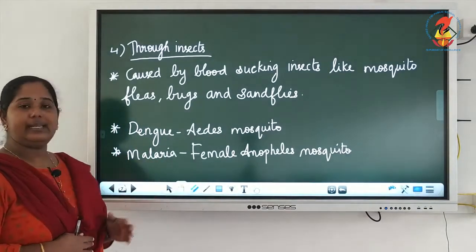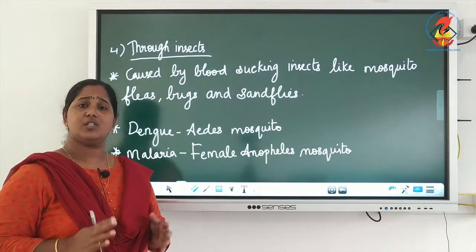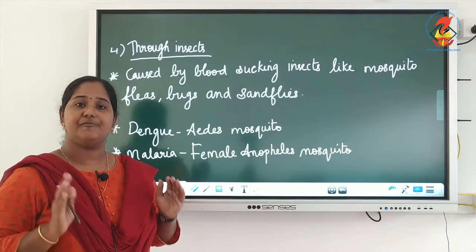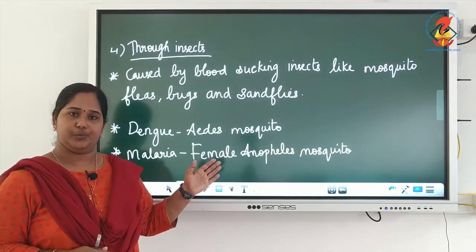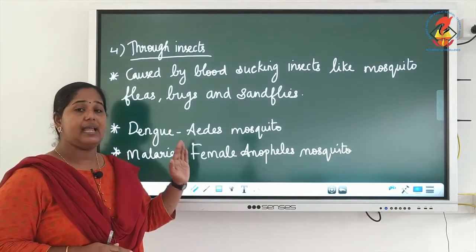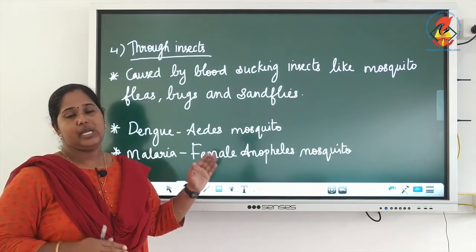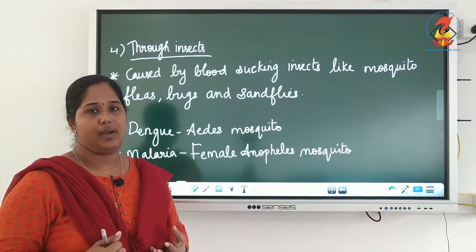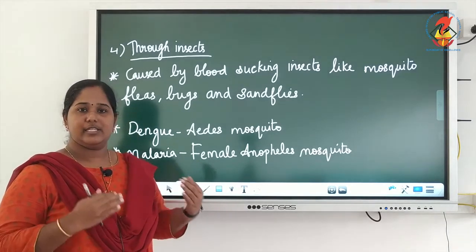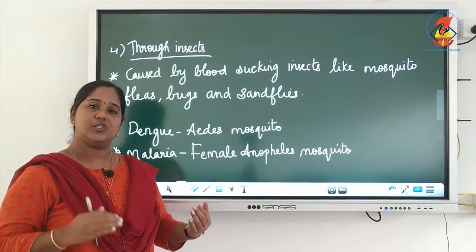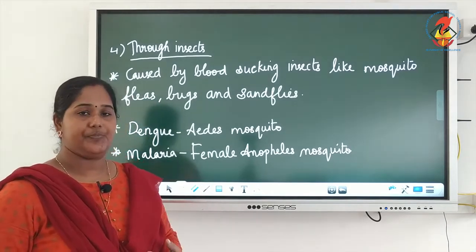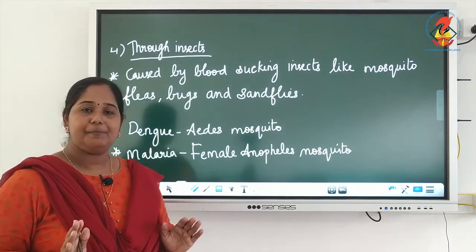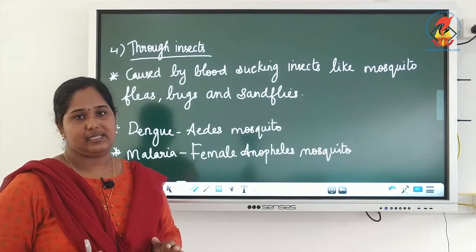In the same way, malaria. Malaria is also a dreadful disease. Malaria is caused by the female Anopheles mosquito. What is the name? Female Anopheles mosquito. This mosquito has the ability to carry protozoa. I just told you that protozoa is a germ that causes malaria. So this protozoa will be present in a person, and that person will be infected by the disease.